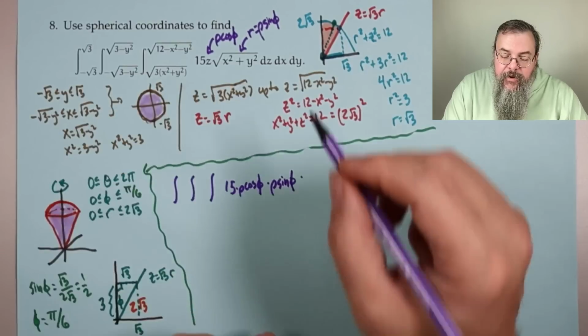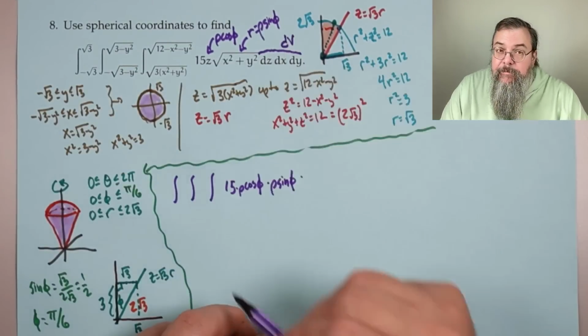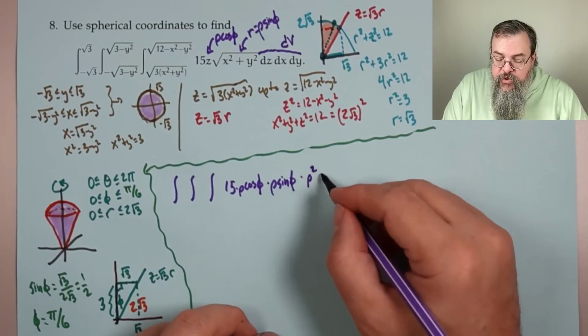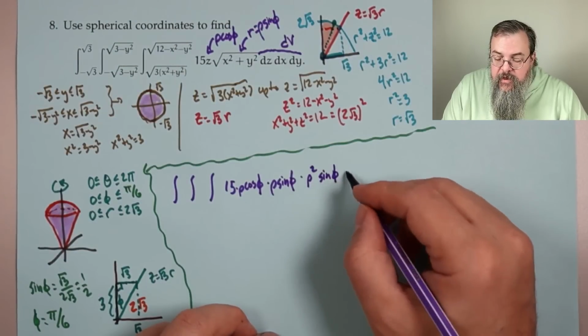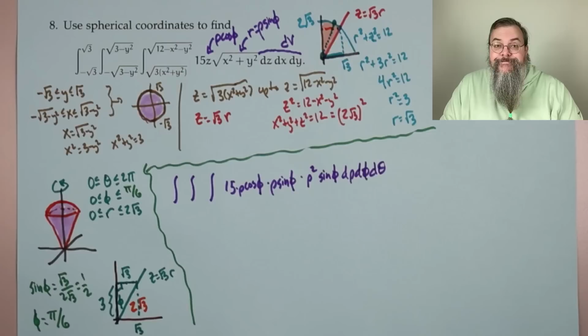All right, now dz dx dy is dv. What does dv become? Rho squared sine of phi, d rho d phi d theta.